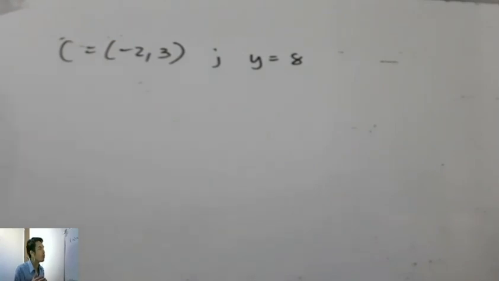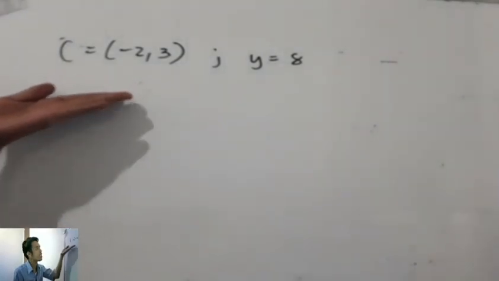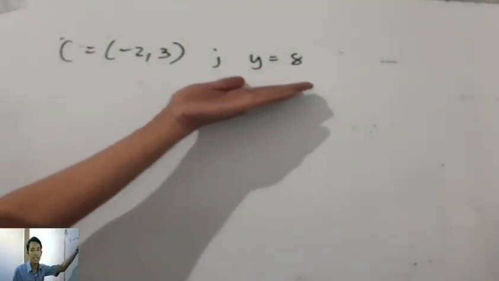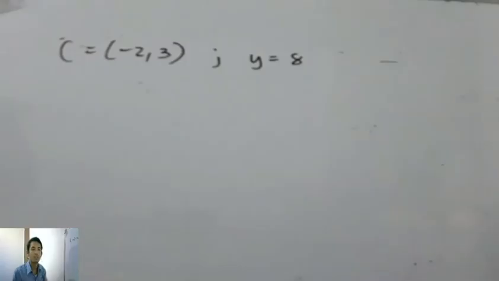So how are we going to find the standard equation of the circle? Again, we don't know the value of our radius, but we can identify it by getting the distance from the center up to the line y = 8. We could use the distance formula, but that's too long a process.